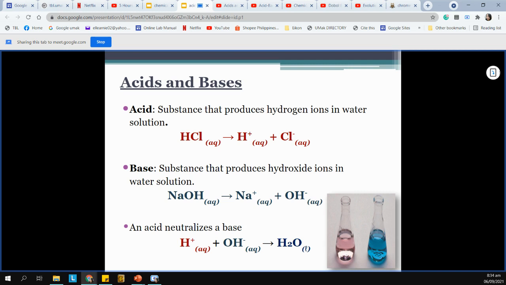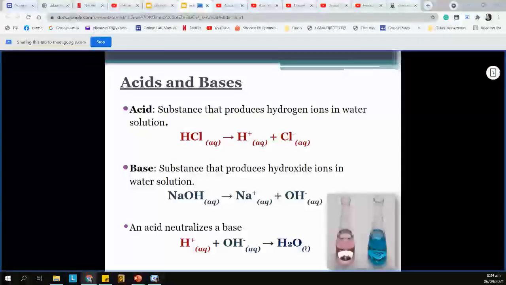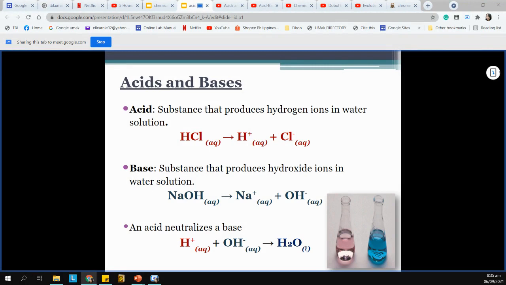Now, what are the characteristics of acids? Anyone? Characteristics of acids and bases. When you say acid, what do you remember? Yes. Okay, and then if you recall, other things that you'd like to share aside from the ones that were mentioned by Professor Dave earlier.